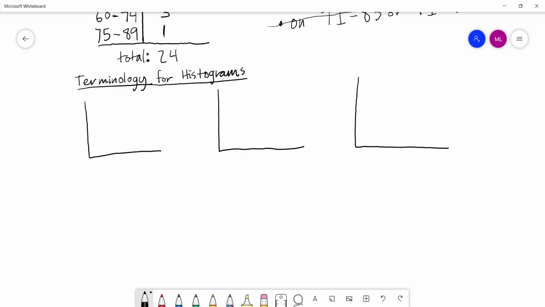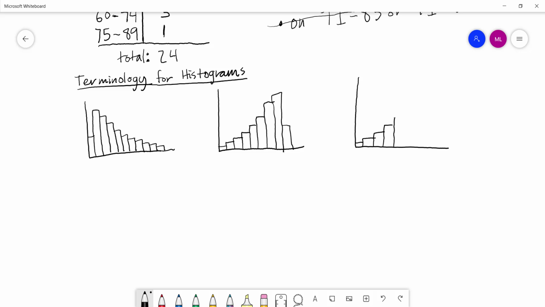So if you have a data set that looks something like this, how does that compare to one that looks something like this? Or one that looks like this? Again, you'll bear with me here, hopefully.